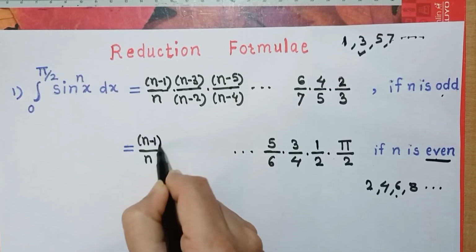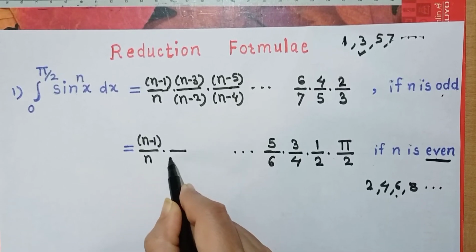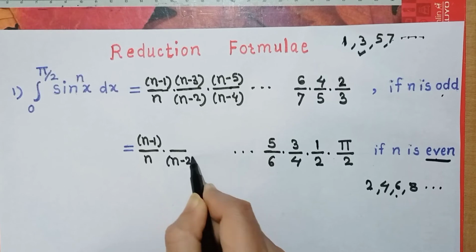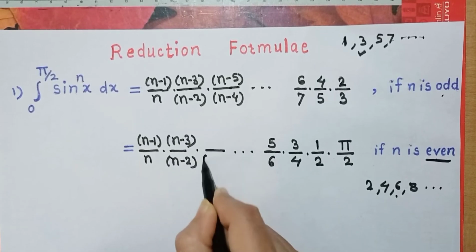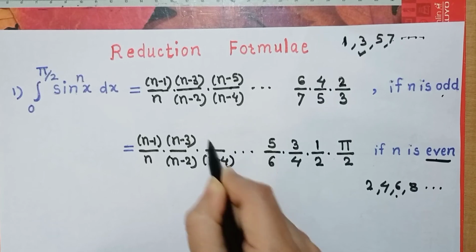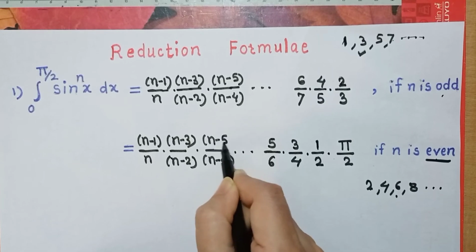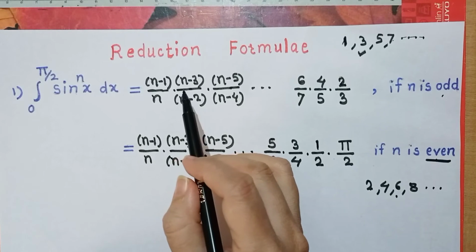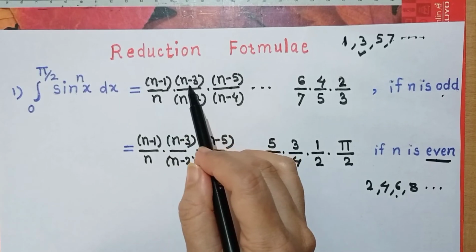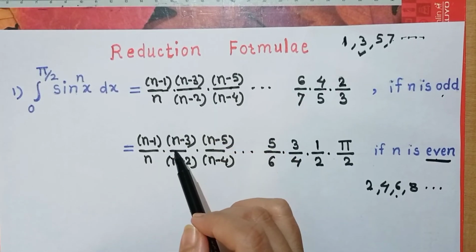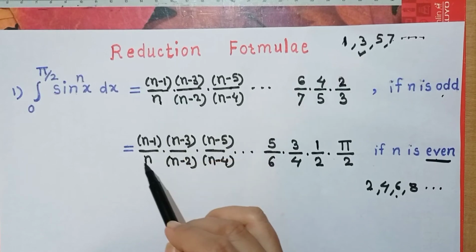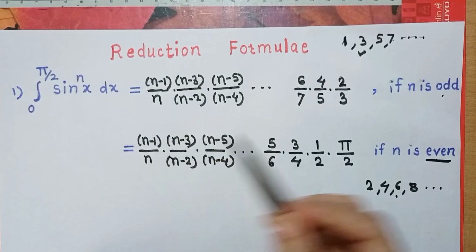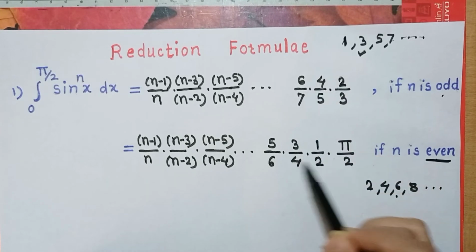Upside one number less means n minus 1. The next even number will be n minus 2, and here n minus 3, and again this will be n minus 4, and this will be n minus 5. So by observation we can see that this and this are the same, but they are different because n is an odd number here and n is an even number here. You can check the last factors.